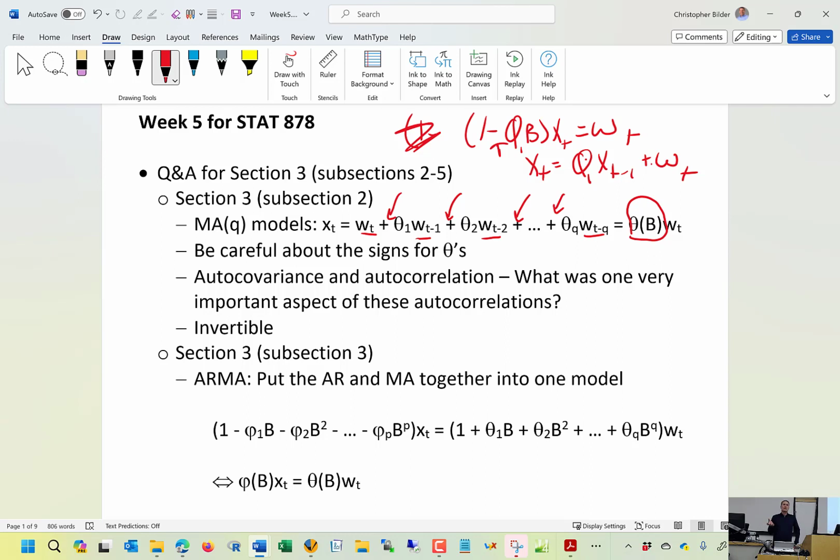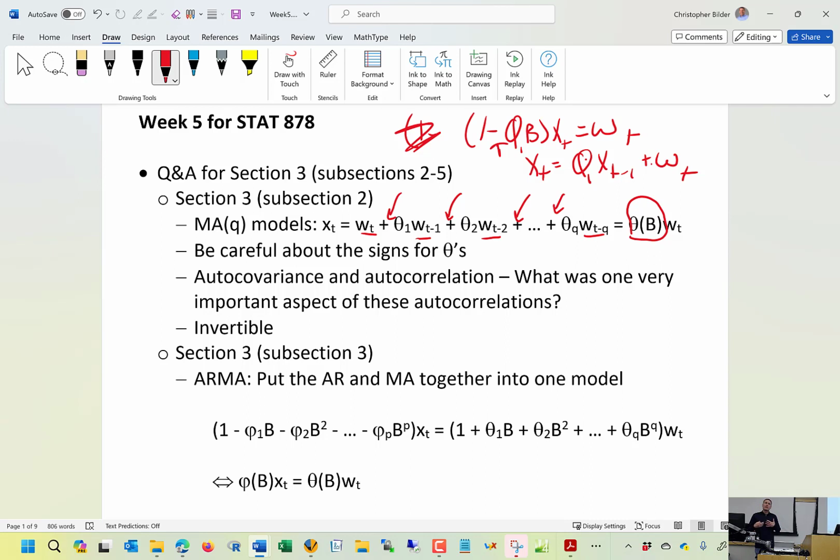Oh, it cuts off at the lag after 1? Yes, exactly. So it cuts off to 0 after lag 1. In general, for moving average Q, it cuts off to 0 after lag Q. In other words, the autocorrelations are 0 after lag Q.